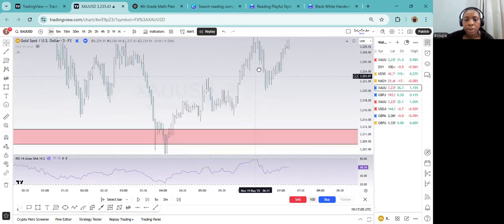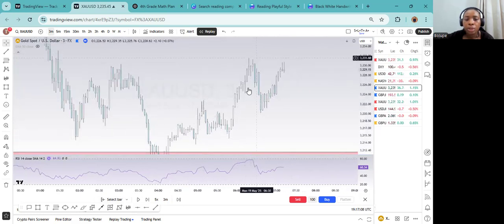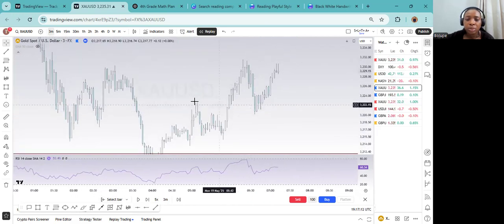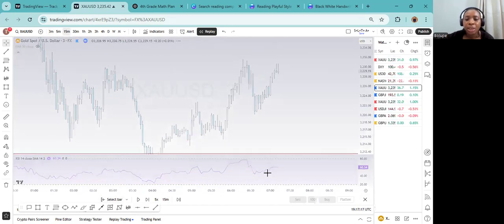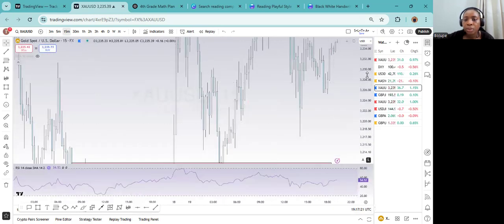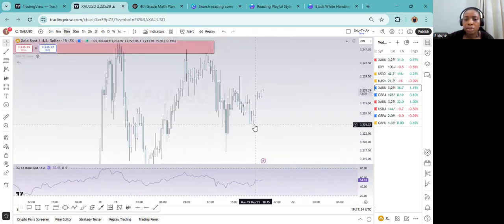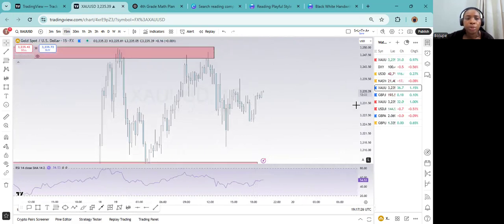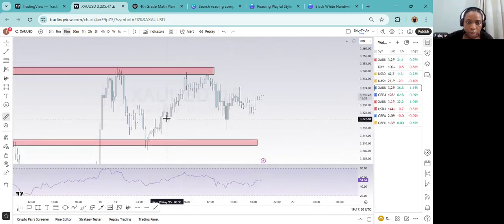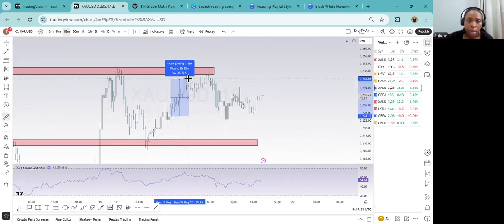This is like a minor structure, point A to point B. In a way, we could have entered, and price moved all the way up. From that area right there, that's 190 pips.